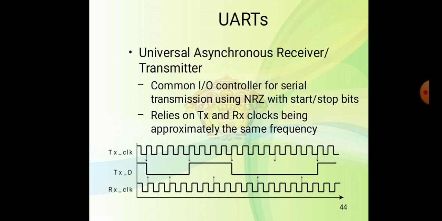Note that the transmitter and receiver must agree on the time duration of each bit. Manufacturers provide a component called the universal asynchronous receiver transmitter, or UART, for serial communication ports.